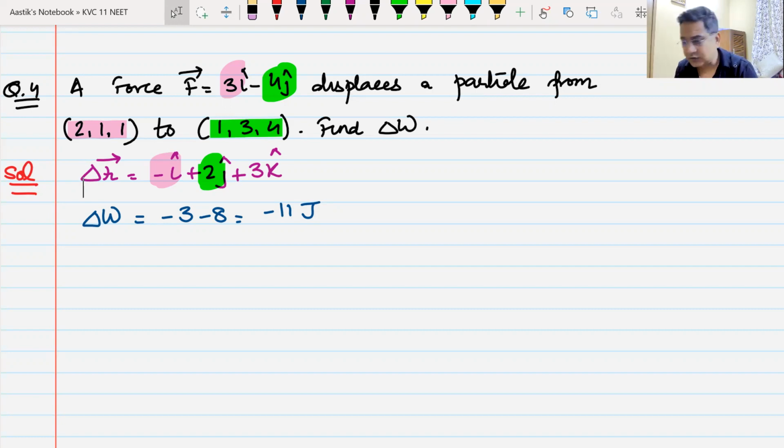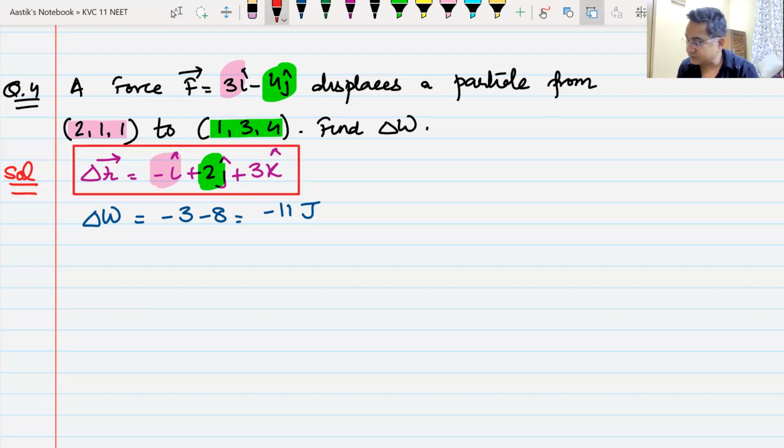What is there you don't understand? You understand how I got this? Yes or no? Yes, sir. Subtract the initial coordinates from the final coordinates, and then you take the dot product. Is it okay now? Yes, sir. Okay.